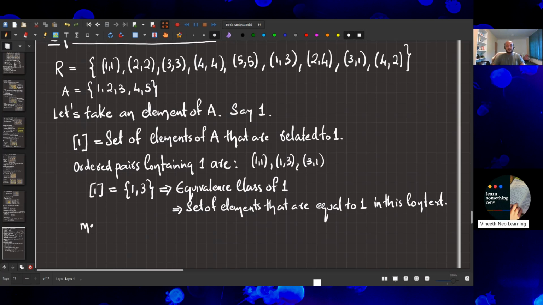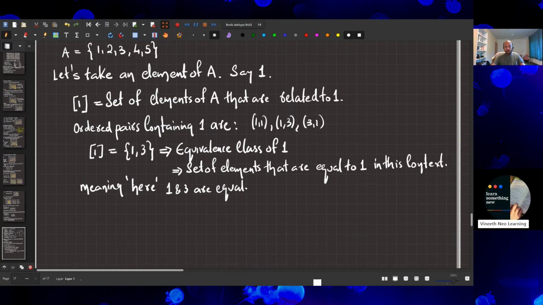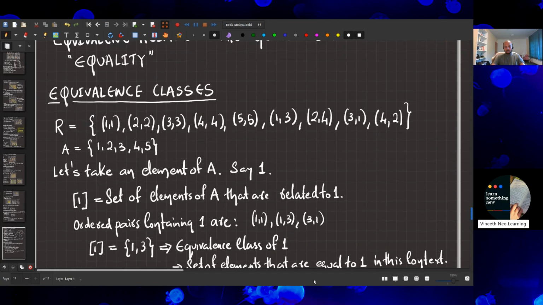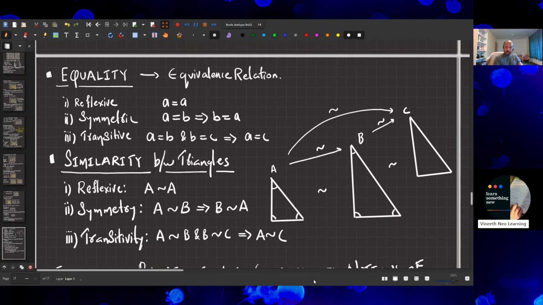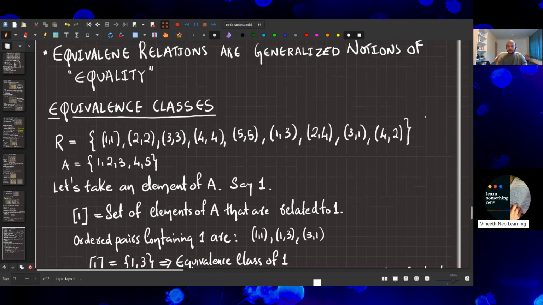Meaning here, that term is important because only here 1 and 3 are the same, are equal. Equality obeys all of these three properties, and those three properties are also obeyed by this relation.